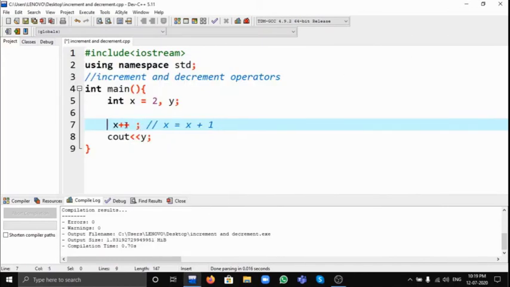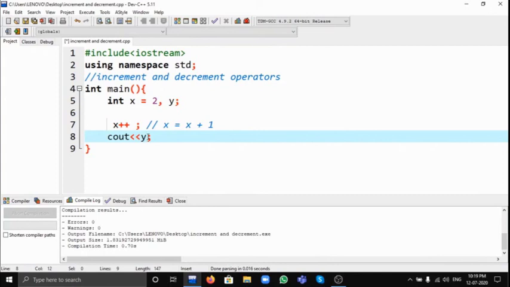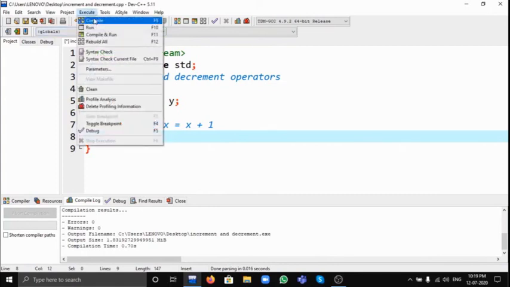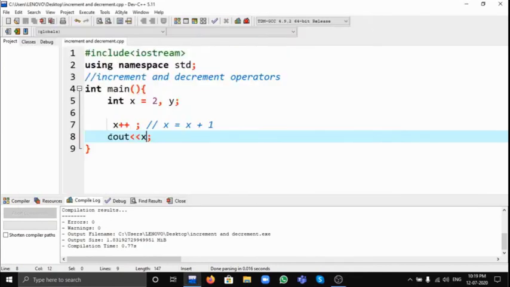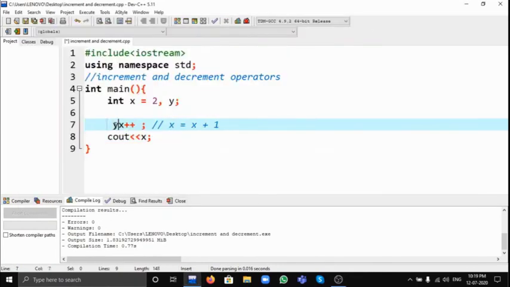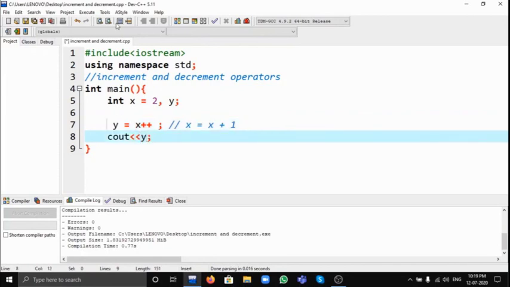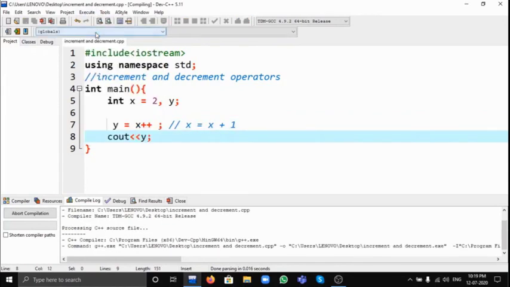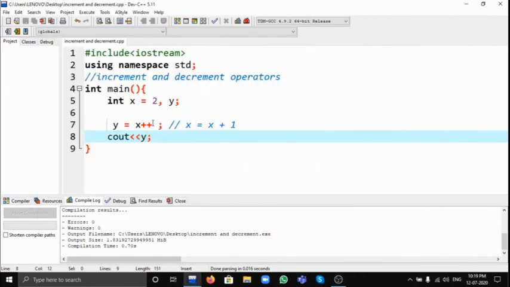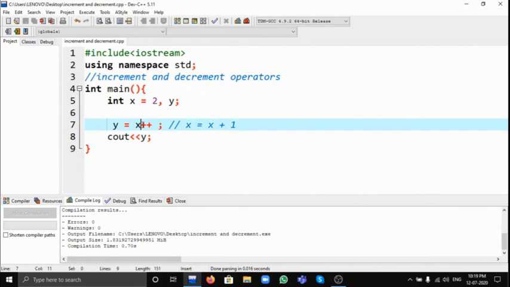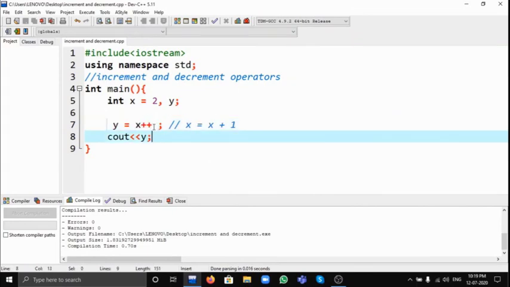When I printed only x here, the value of x is 3. But as soon as I store the value of x into some other variable, and I print the value of that, the answer does not change. Why is it so? This is because I put the increment sign after x.